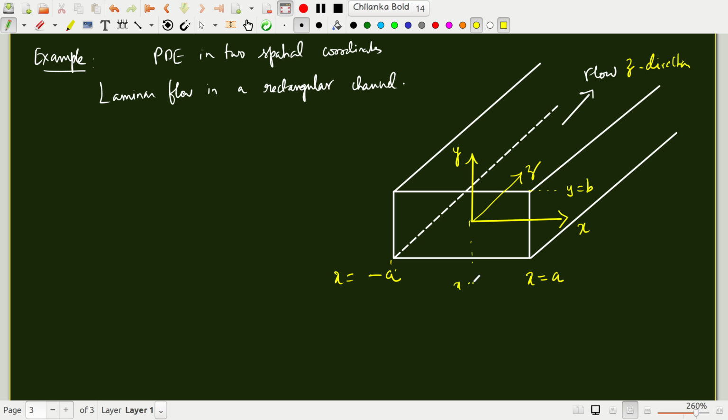This is x equal to 0, and similarly y is equal to minus b to b. So that is the width and height of the channel. And of course the boundary conditions in fluid mechanics are that u of x, y is 0 at x is equal to a and at y is equal to b. These are the no slip conditions.